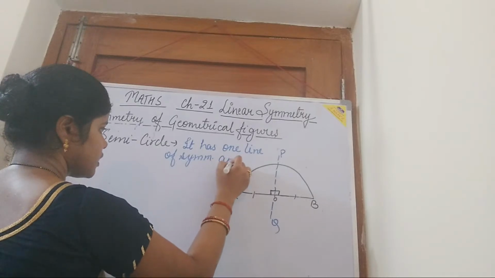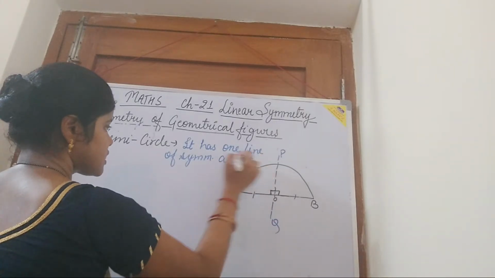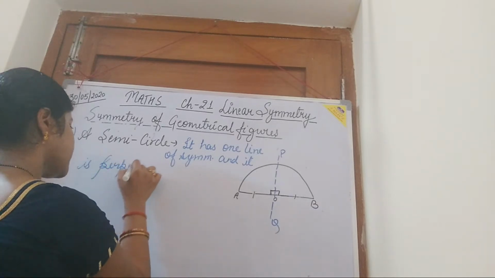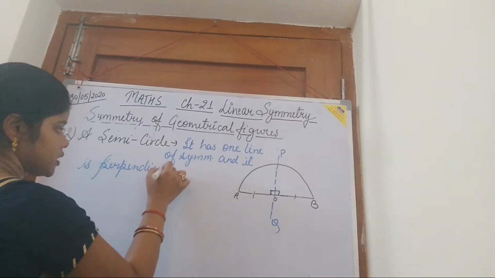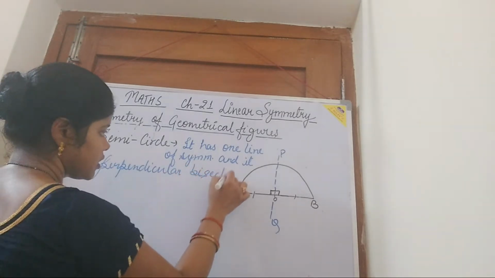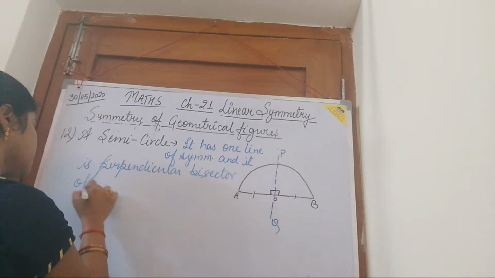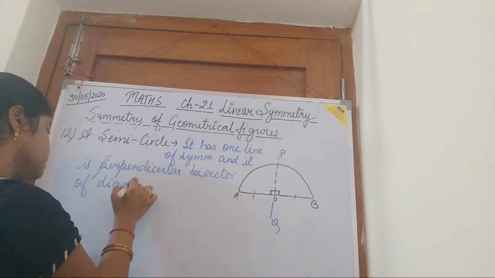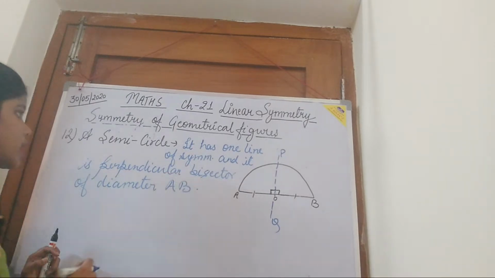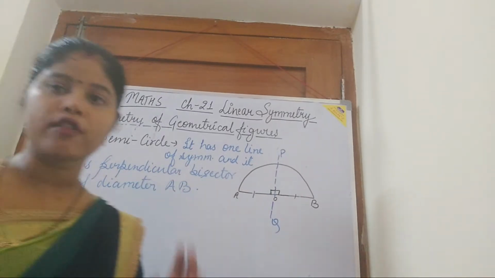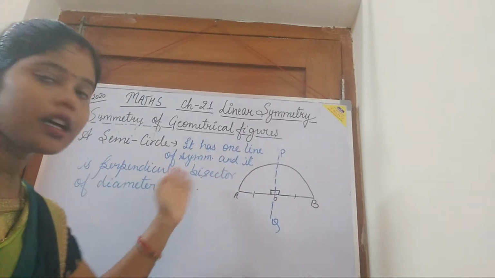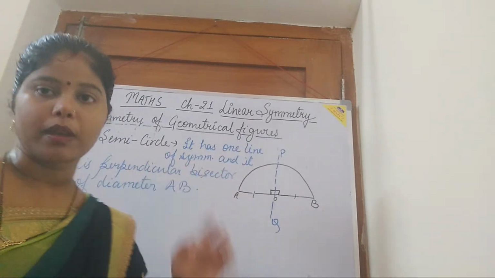And it is the perpendicular bisector of diameter AB. So a semicircle has one line of symmetry and it is a perpendicular bisector of diameter AB.